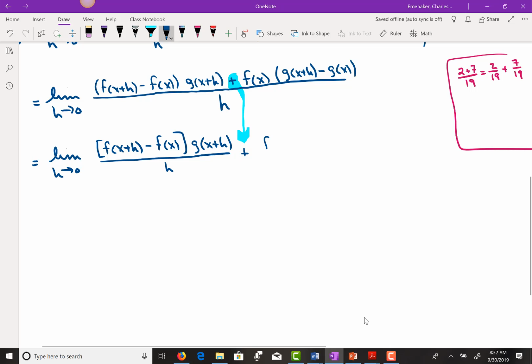Then we're going to have f of x times g of x plus h minus g of x all over h. And this whole thing still has the limit as h goes to 0 applied to it, doesn't it? What we're slowly doing is breaking this apart into two separate fractions, and at the next step we're going to break it apart into two separate limits.